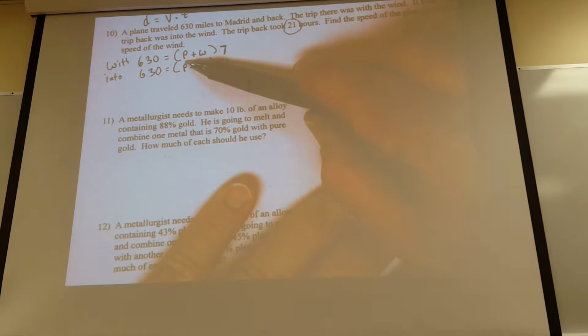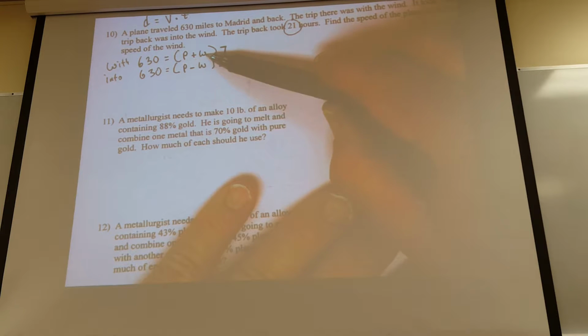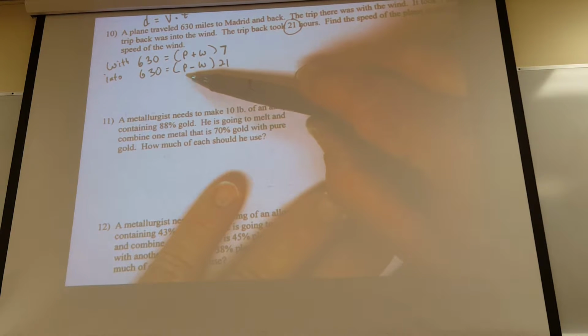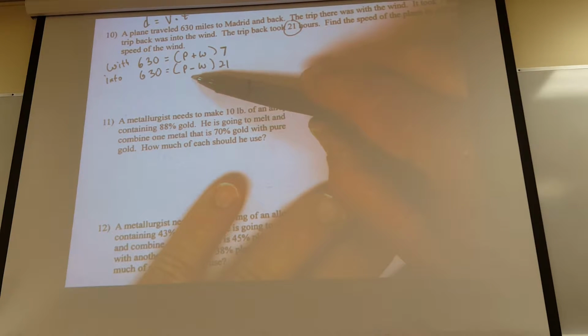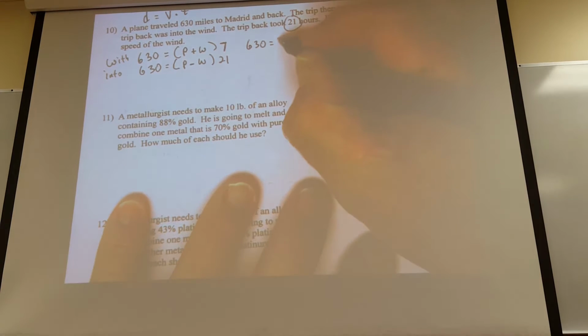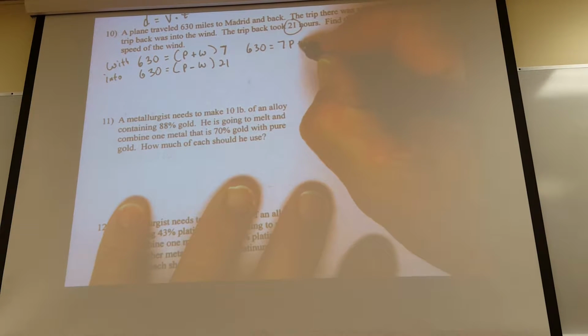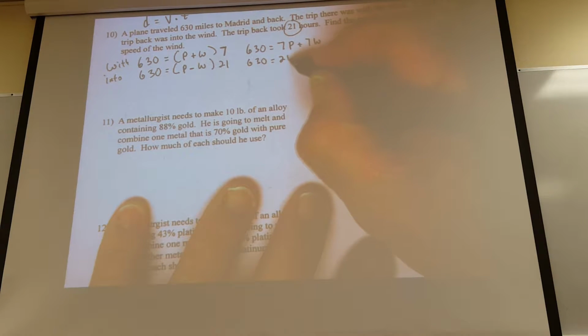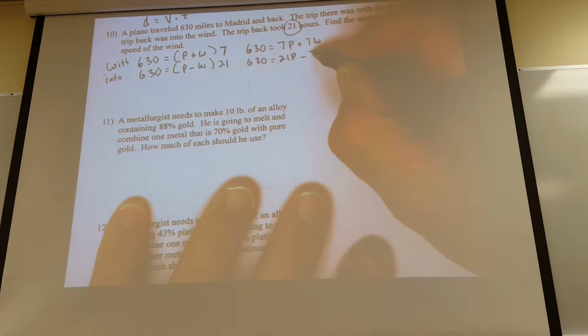So you'll have plane plus wind or boat plus current, and then boat minus current, okay? So then I'm gonna write 630 equals 7P plus 7W, and 630 equals 21P minus 21W.